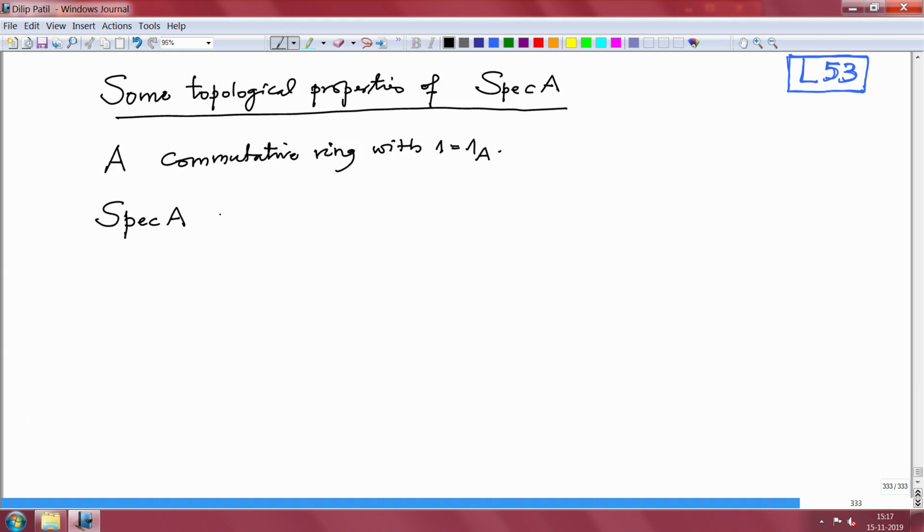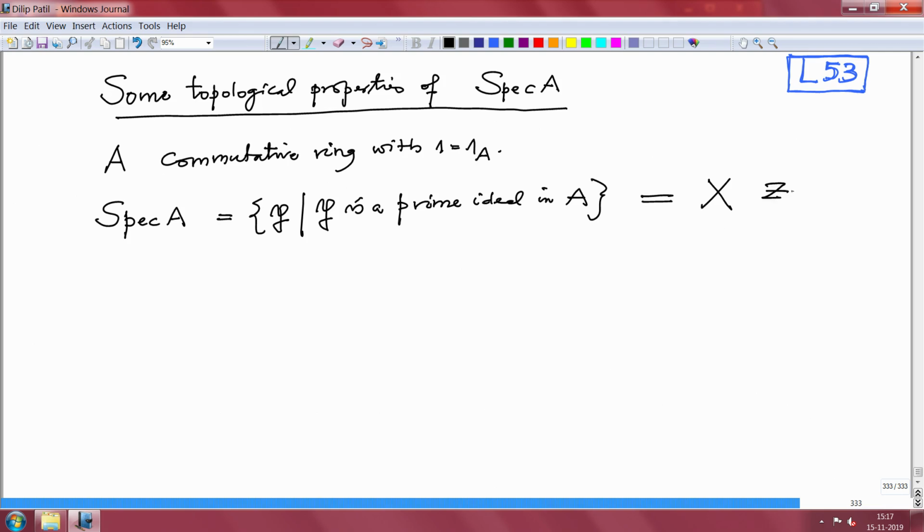So this Spec what we have defined is the set of all prime ideals P, where P is a prime ideal in A. And remember our notation, this we have denoted by X. And on X we have this Zariski topology.